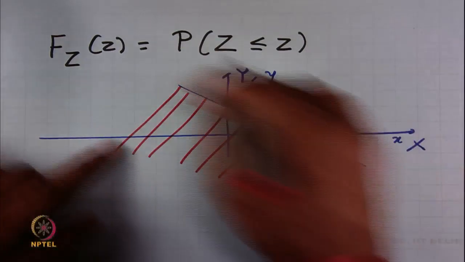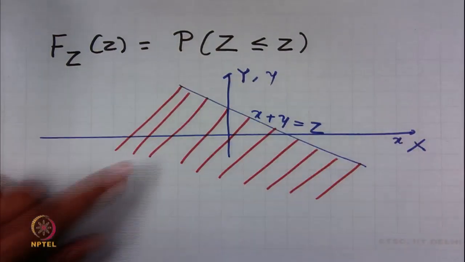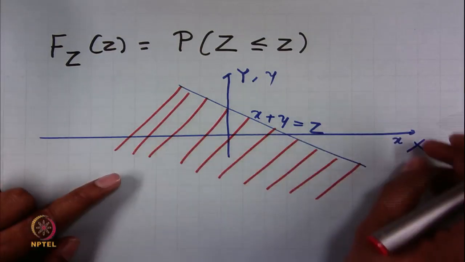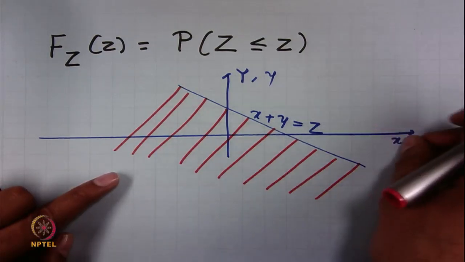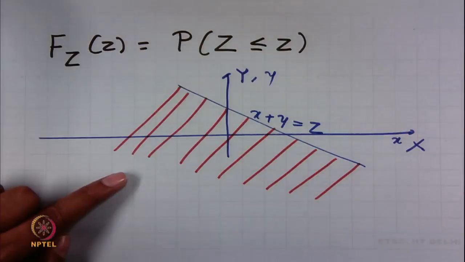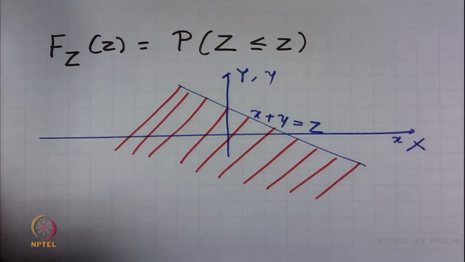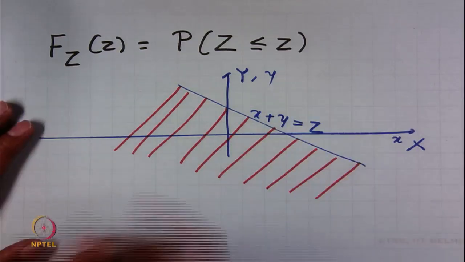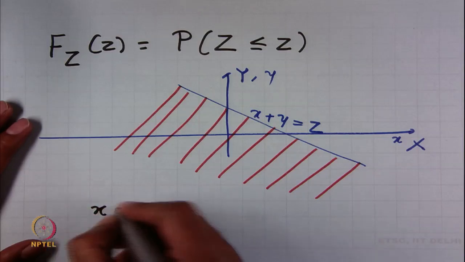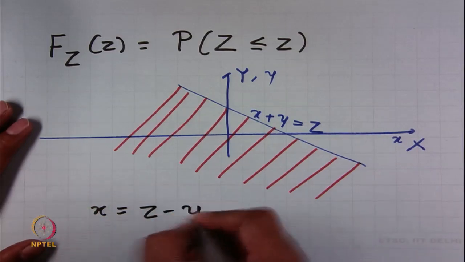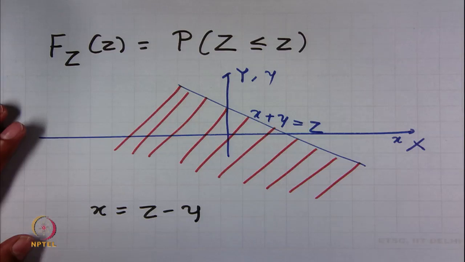And I can think about this probability of the points lying left of the line in terms of x taking certain values and y taking certain values. For example, I can rearrange this equation. Instead of thinking about this, I can write this equation, and I can ask this question in a different way.